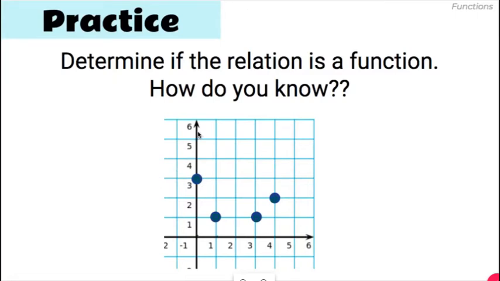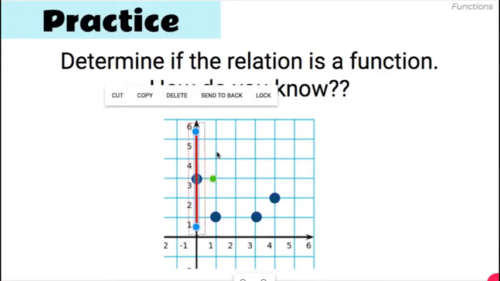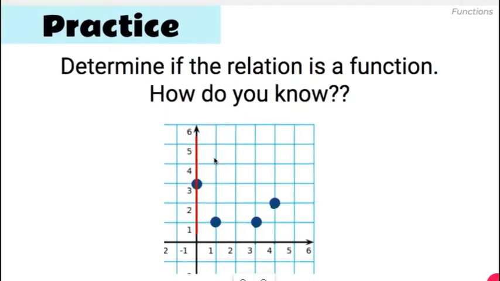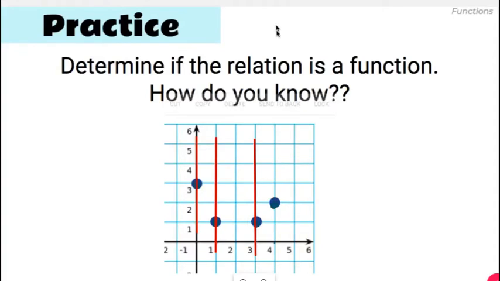Okay, so I'm going to draw some vertical lines. There's a vertical line. There's another vertical line. Now you don't have to draw vertical lines through every point. I'm doing this so that you can see what's going to happen.